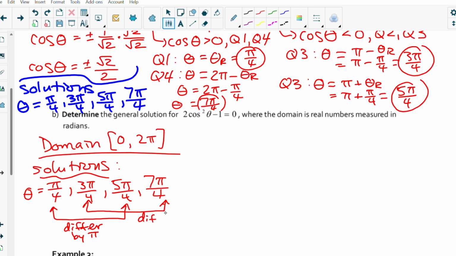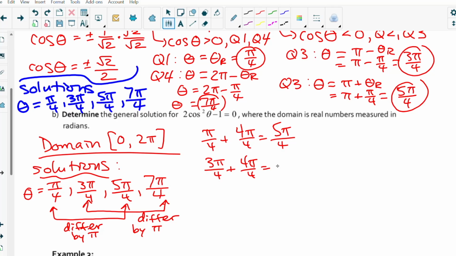And likewise, this solution and this solution, they also differ by pi radians, right? Pi over 4 plus 4 pi over 4, that's 5 pi over 4. 3 pi over 4 plus 4 pi over 4, that's 7 pi over 4.